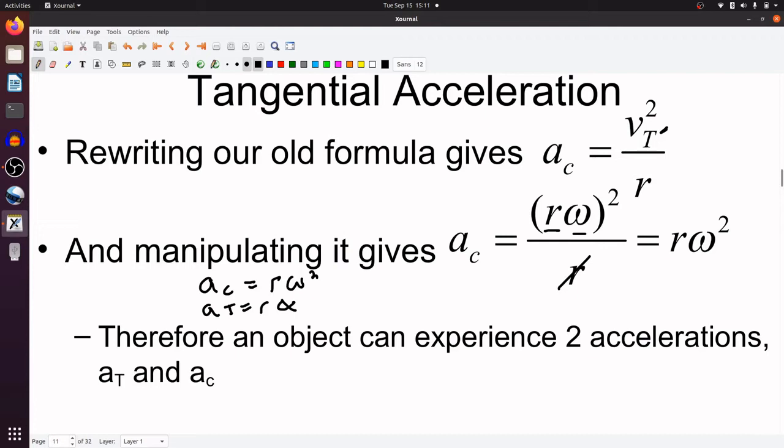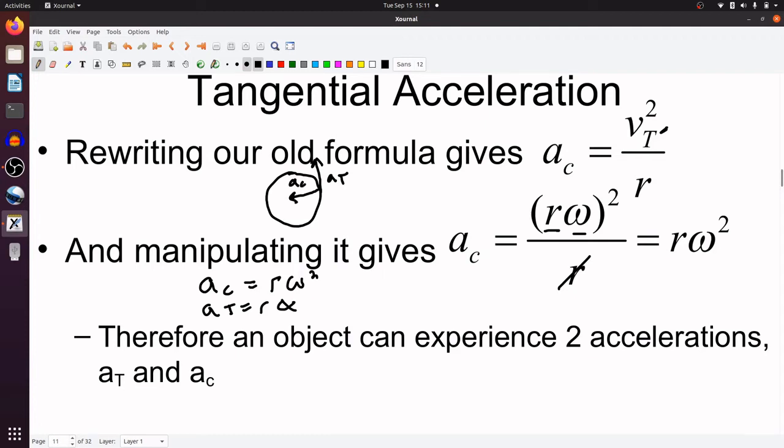So r omega squared gives you your centripetal acceleration. If you're rotating in a circle, you're going to have centripetal acceleration, whether you're speeding up or at a constant speed. You can find it using r omega squared. So now we can actually have two accelerations. If we're rotating in a circle, we will have our tangential acceleration, AT, and we will have our inward AC.